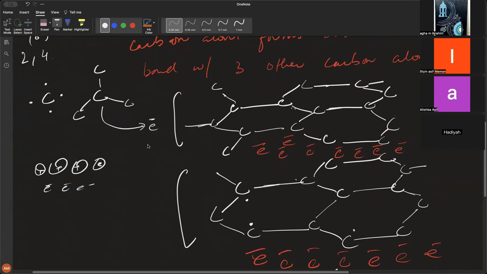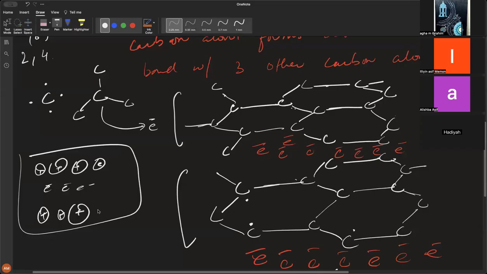Everybody gets this? In metals, the metal atoms form positive ions, and the sea of electrons is between those layers of metal ions. So that is the reason graphite has the same kind of properties.